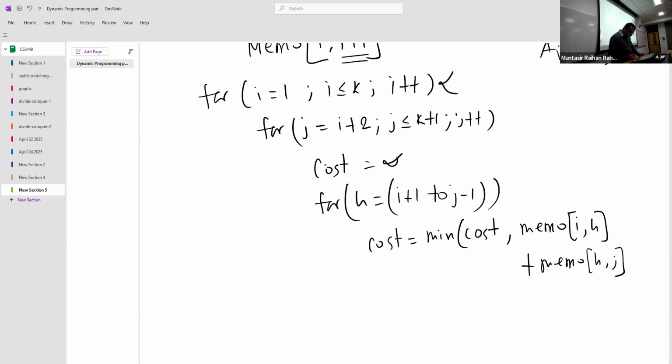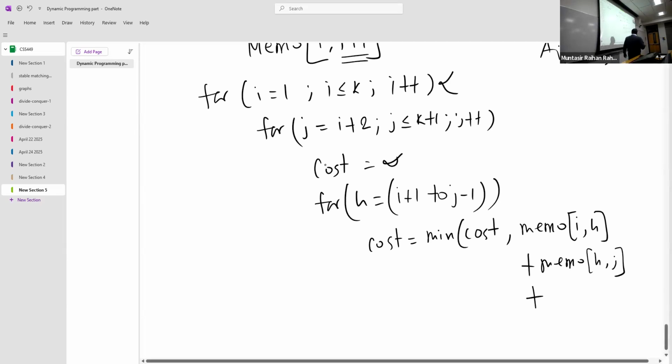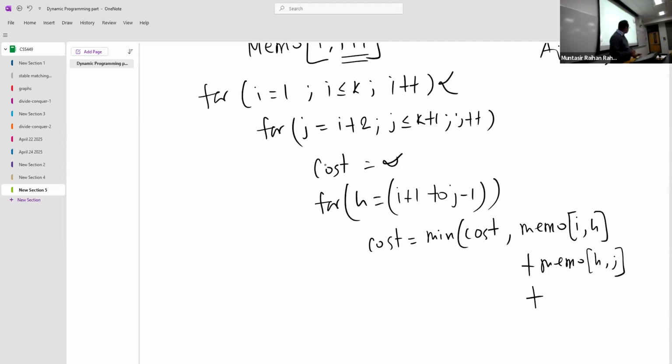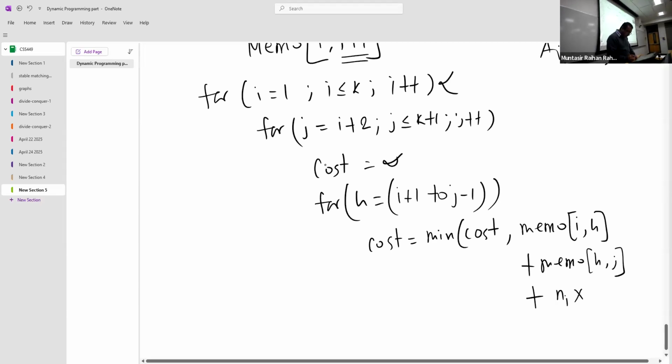And then plus, once I solved i to h, now I have one matrix and h to j is another matrix. So those have to be multiplied. So I need to add that cost here, right? So that cost is going to be, basically it starts with i, so the cost of that matrix would have n i times n h times n j.